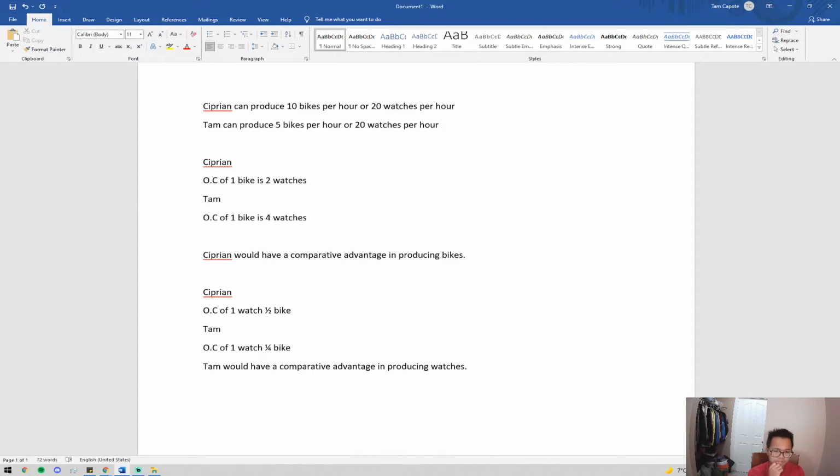Okay, so why is that? It's because if you look at the opportunity cost, with Cyprian it would cost him 1/2 a bike, and 1/2 a bike is larger than 1/4 a bike.